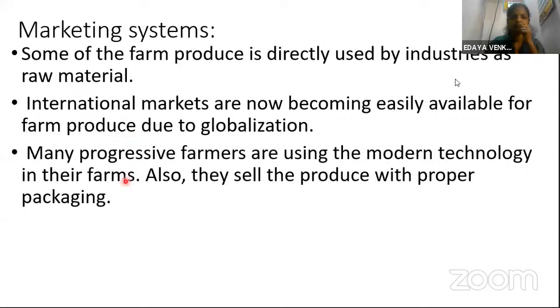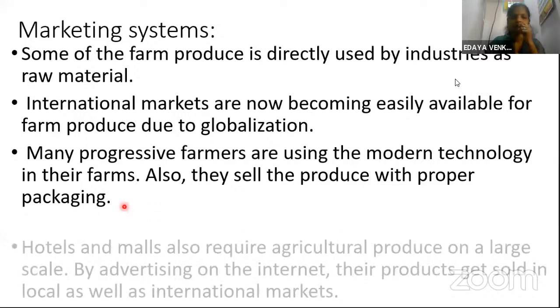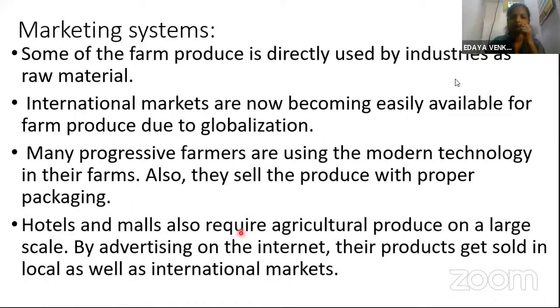Many progressive farmers are using modern technology in their farms. Also, they sell produce with proper packaging. Many advanced progressive farmers pack their products in a proper packaging system, and they use modern technology also to sell their products. Hotels and malls also require agricultural produce on a large scale.